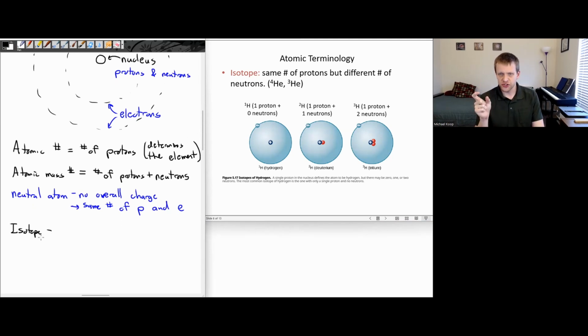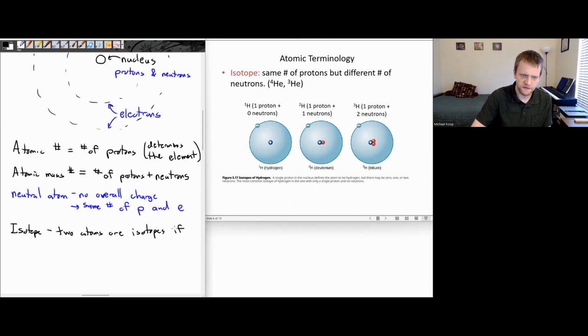Two atoms are isotopes of each other if they have the same number of protons but a different number of neutrons.